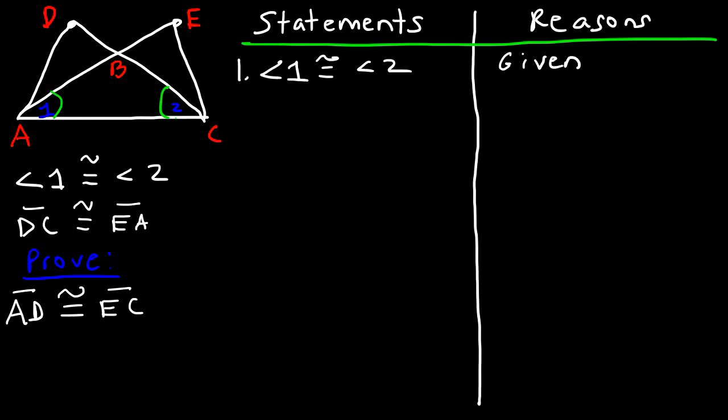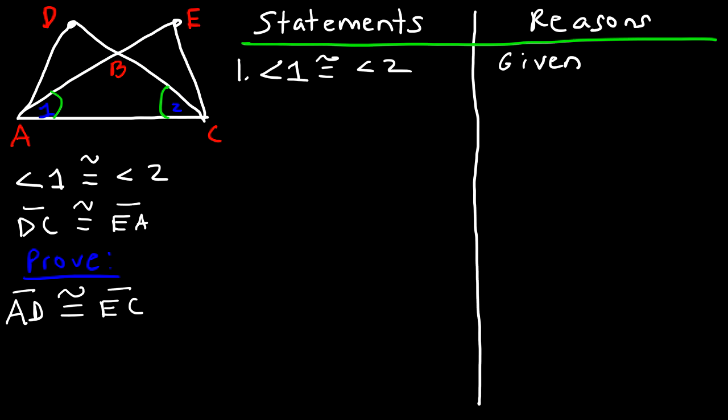And also, what is our goal? In order to prove that AD is congruent to EC, we need to prove that triangle ADB and this triangle CEB, they have to be congruent.